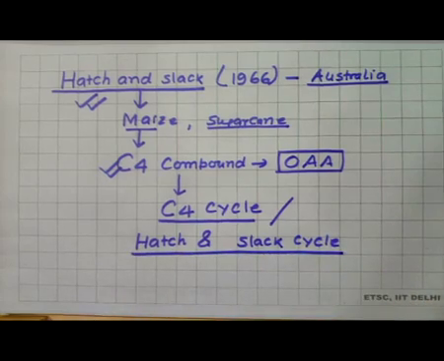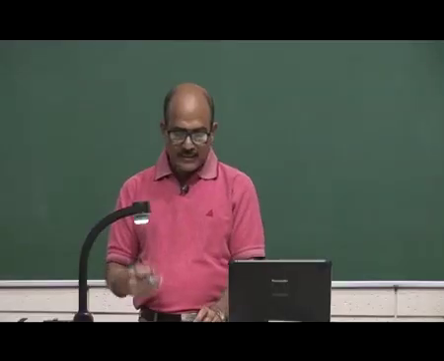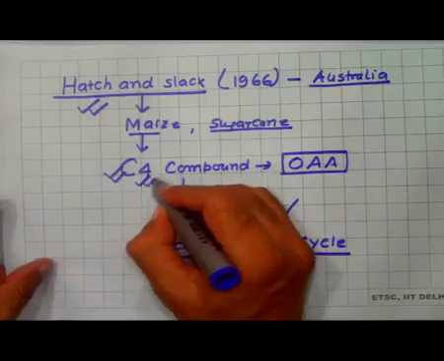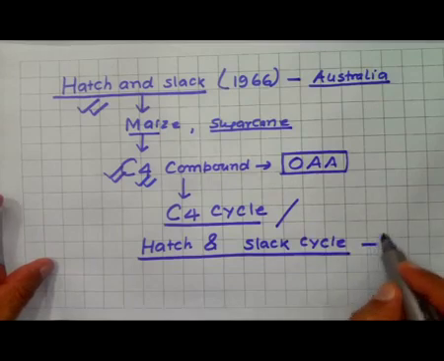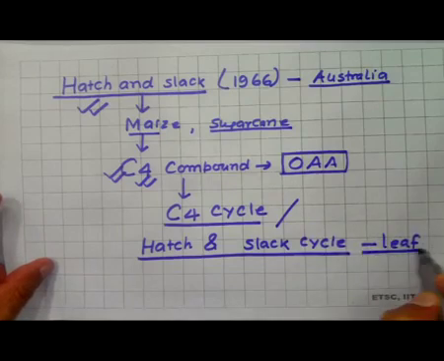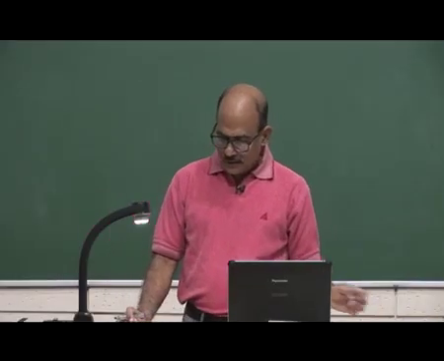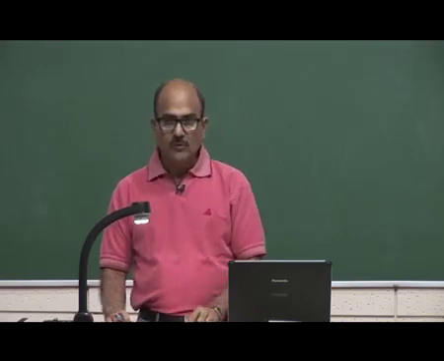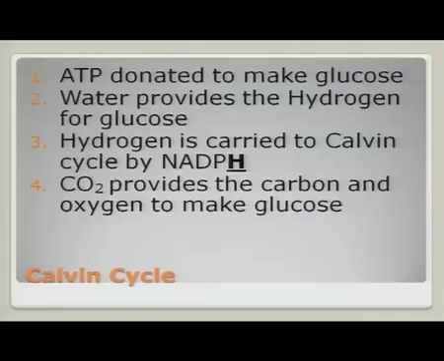Hatch and Slack found that there is a specialization in the leaf of C4 cycle plants. The plant which shows the C4 cycle has a specialization in leaf structure.